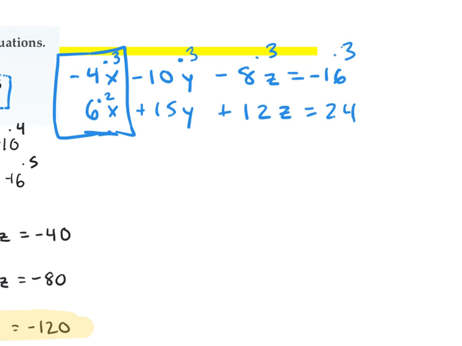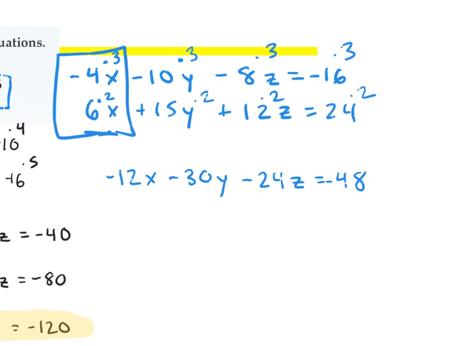So negative 4x times 3. Negative 12x. Negative 10y times 3. Negative 30y. Negative 8z times 3. Negative 24z. And negative 16 times 3. Negative 48. Now we multiply the second equation by 2.